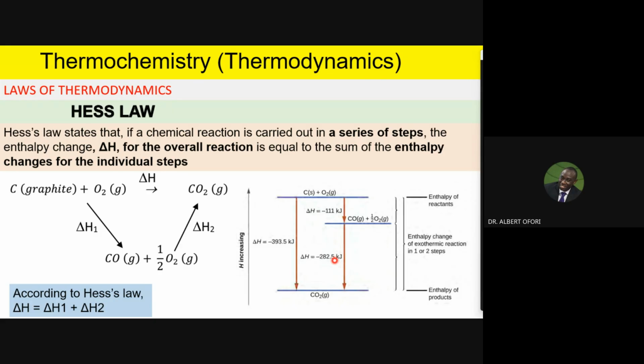If I want the heat involved in these two productions, these two ways must come together when we sum them up to give the total heat involved in the carbon dioxide production. So in summary, Hess's law tells us that irrespective of the steps that we take, the heat of that production must be the same. That will be the summation of the individual steps that we took to give us the product. Are we okay?